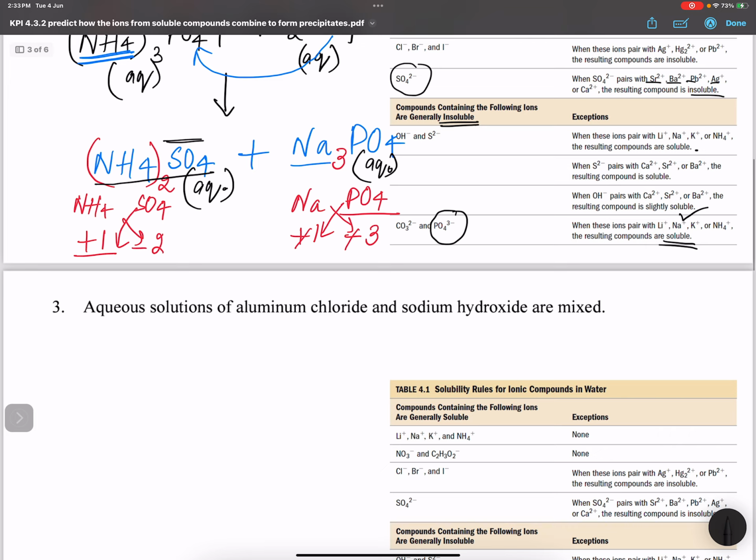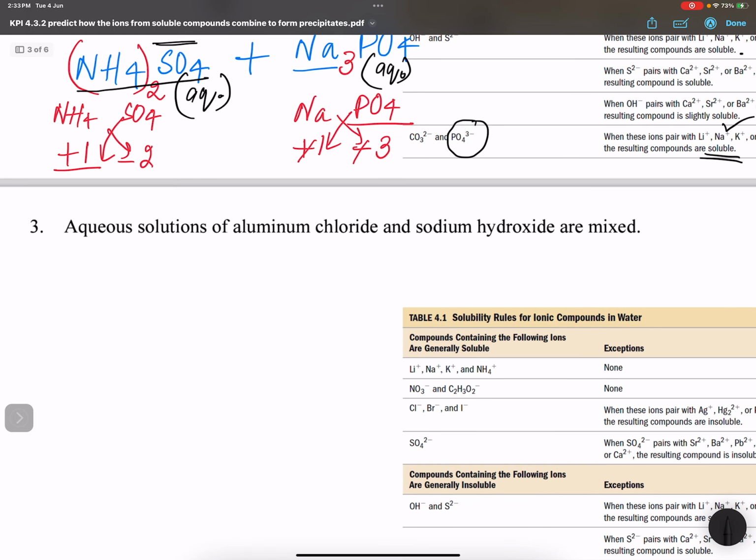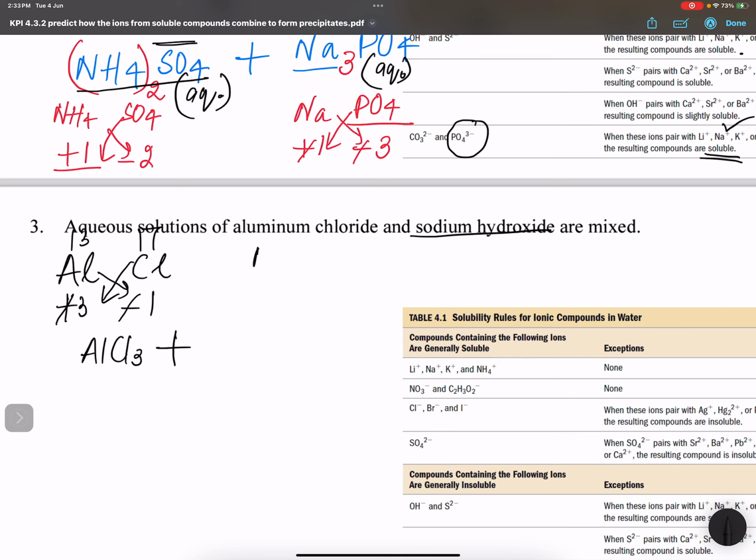Now I want you to pause the video and try out the next one. Aluminium chloride. Aluminium from group 13, so +3. Chloride from group 17, so -1. Ignore the charges and you have AlCl3 plus sodium hydroxide.